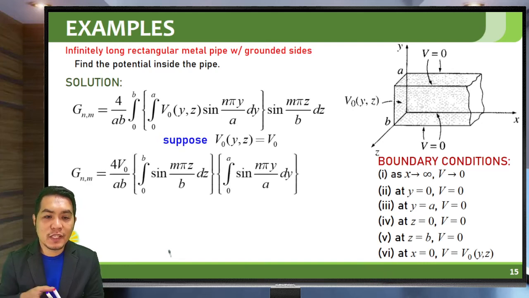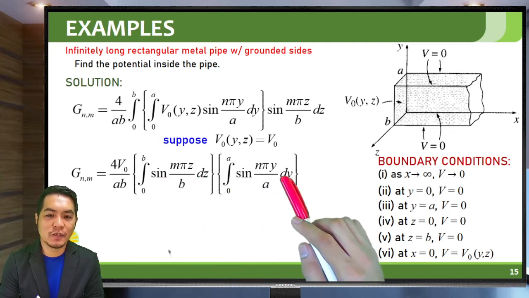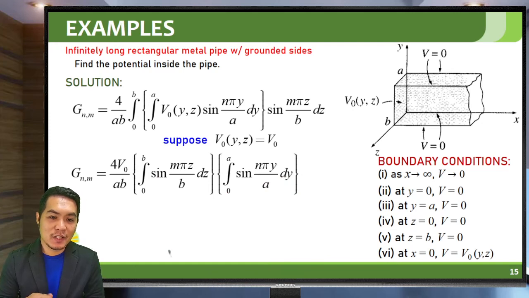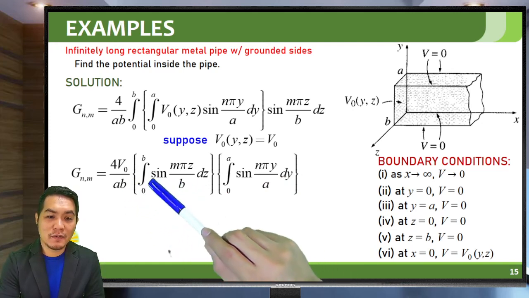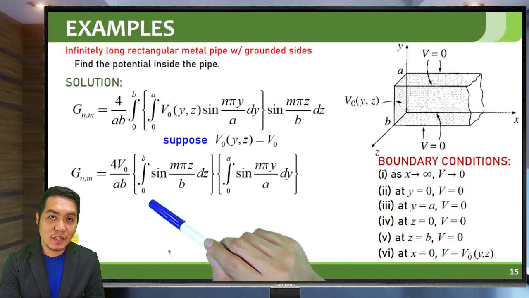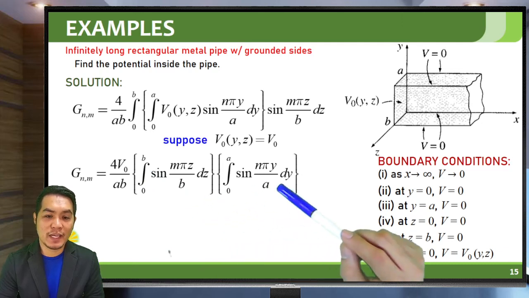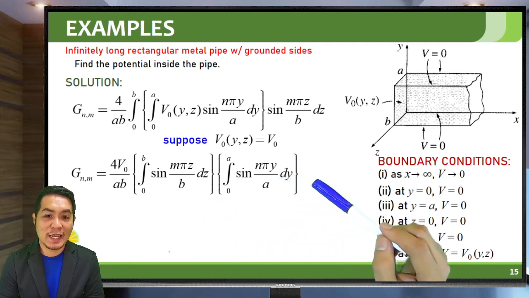So you are left with these two simple integrals, sine u du here, sine u du here. This is just similar to the previous problem. The answer for this will be b over m pi, then 1 minus cosine m pi, and this one is a over n pi, 1 minus cosine n pi.